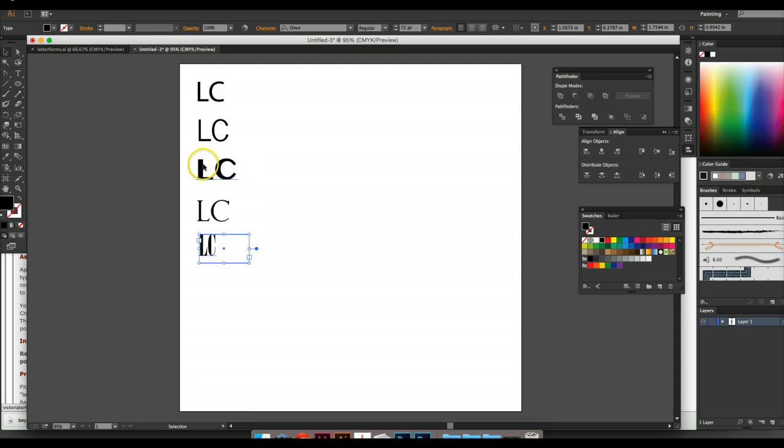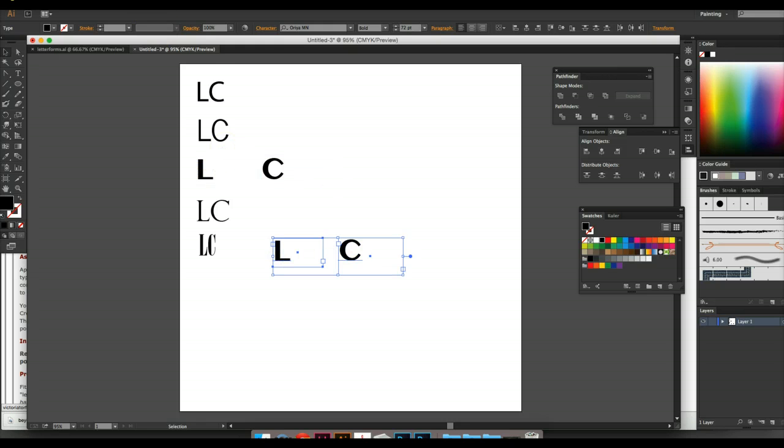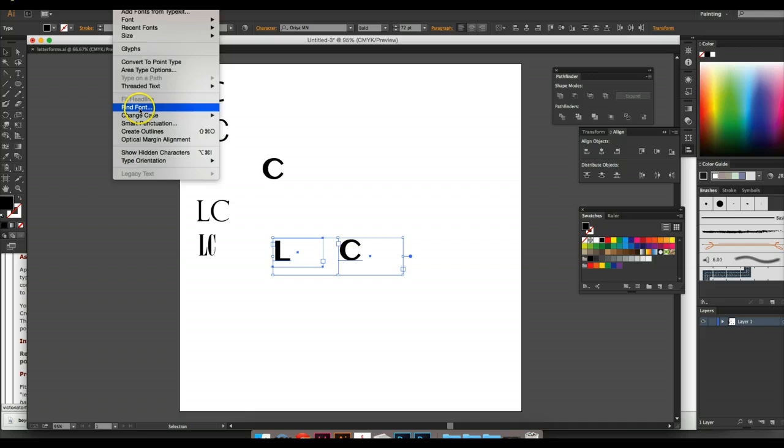So what you want to do is take your letter forms, and I'm going to X out of that. I'm going to break them up into separate pieces, okay? And then I'm going to convert them to outlines.